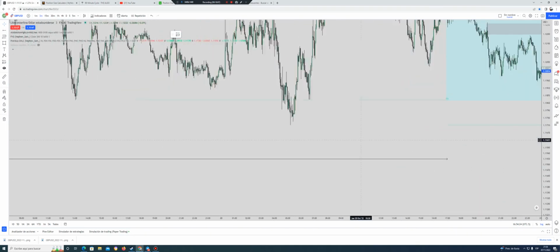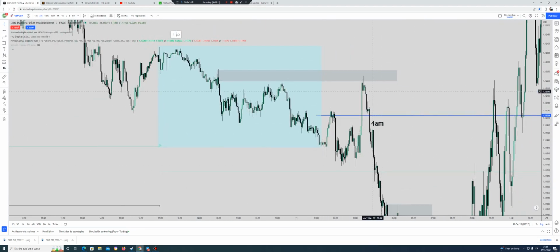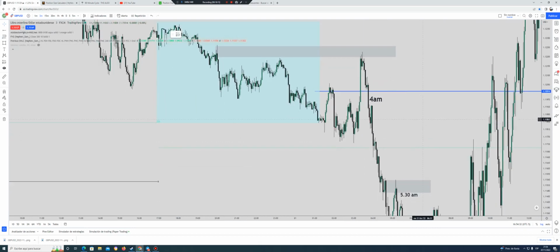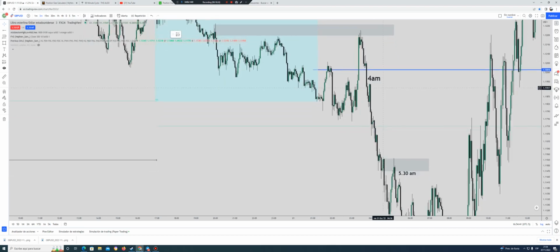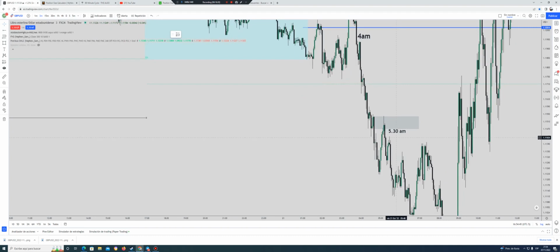Okay, you have the previous day low here, the first cycle moved the price to this other block, and then you have this 4 o'clock sell here, this possible sell to this BPR here, and then you can just follow the order flow, the 5:30 third liquidity cycle of New York of London session.